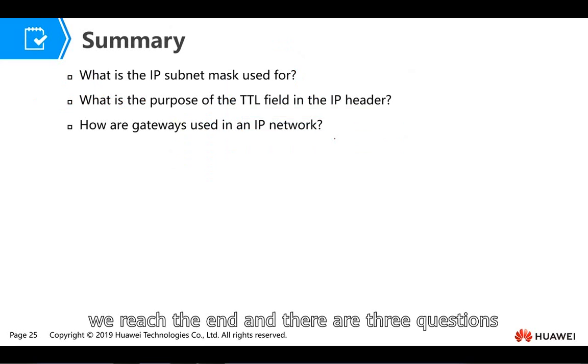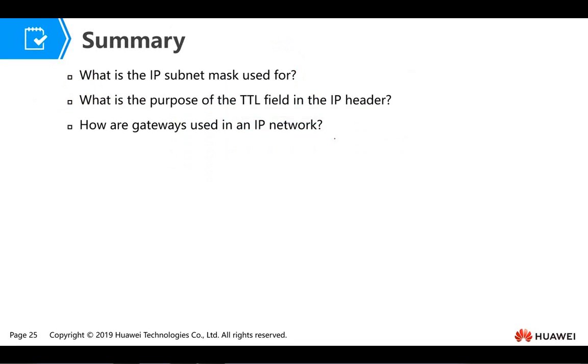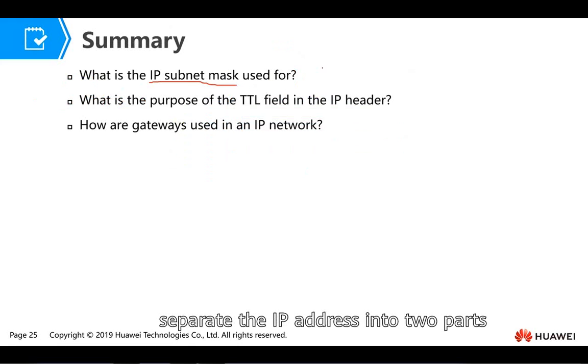Okay, and there are 3 questions. Let's see these 3 questions. What is the IP subnet mask used for? The IP subnet mask is used to separate the IP address into 2 parts.